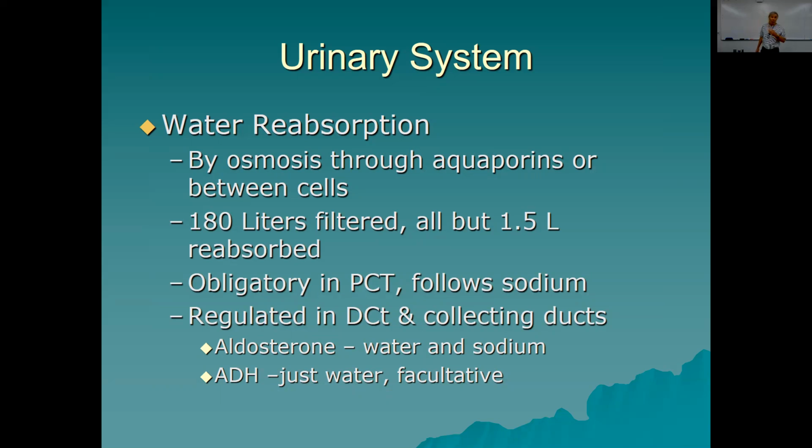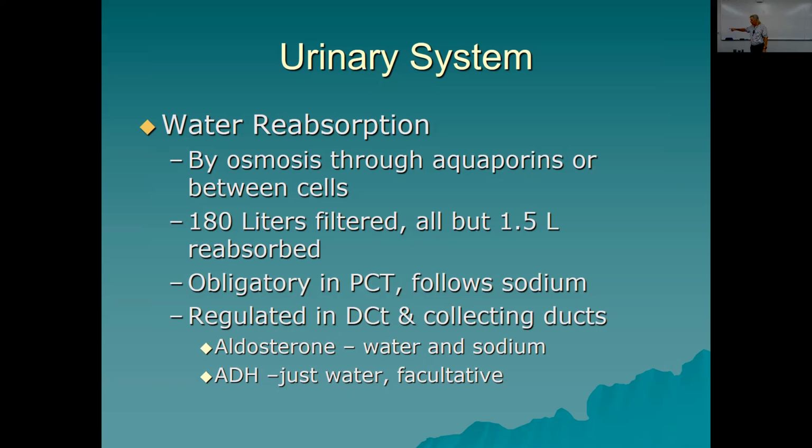So you should make 1 to 2 liters of urine every day. It's obligatory in the PCT. Another way of saying it's automatic, obligatory. It's not regulated, it comes in automatically, because water follows the sodium that's being reabsorbed in the PCT.